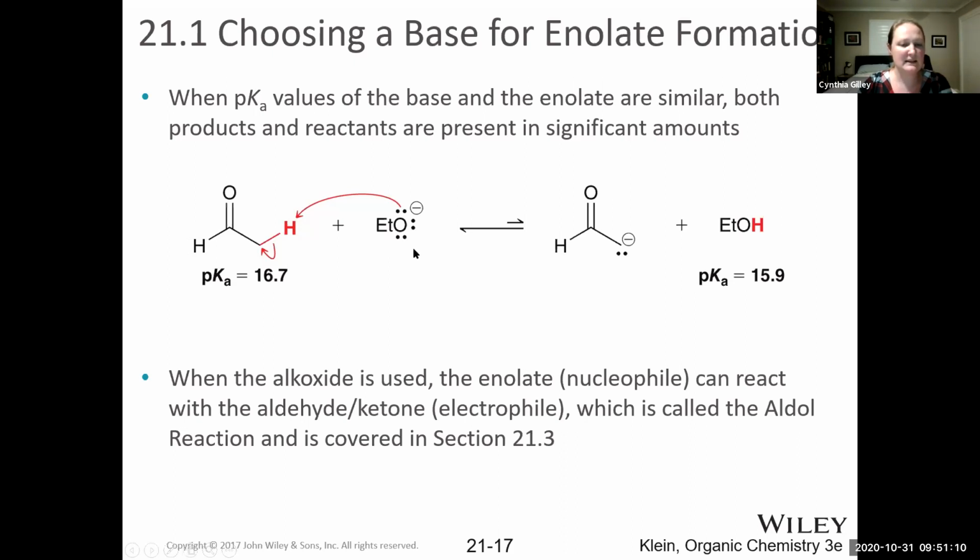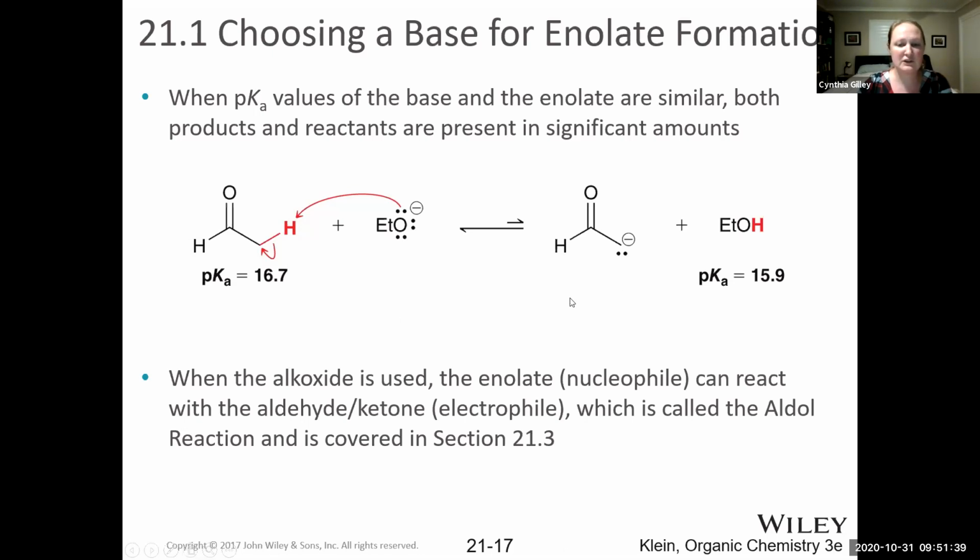Okay, let's look at the choice of ethoxide as a base for this proton transfer. If we draw out the products of the proton transfer, they've done just a simple proton transfer, delivering the electrons from this bond as a lone pair on the alpha carbon. So they've chosen to draw this resonance contributor of the enolate, but it wouldn't have mattered if they had moved electrons all the way up to the oxygen and drawn the other resonance contributor.